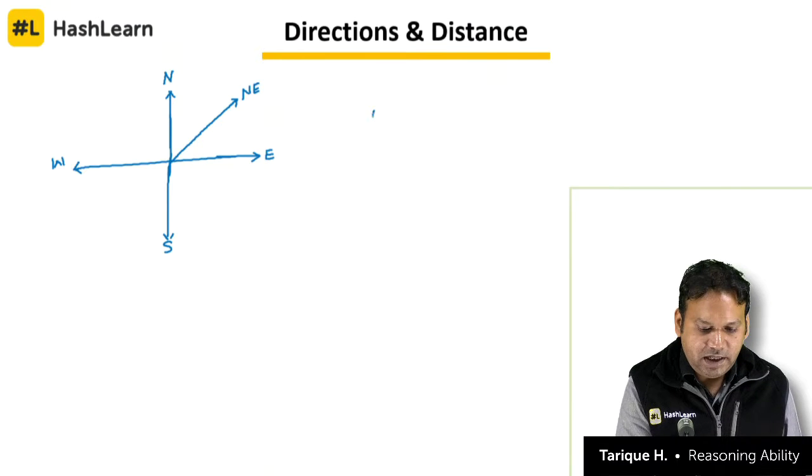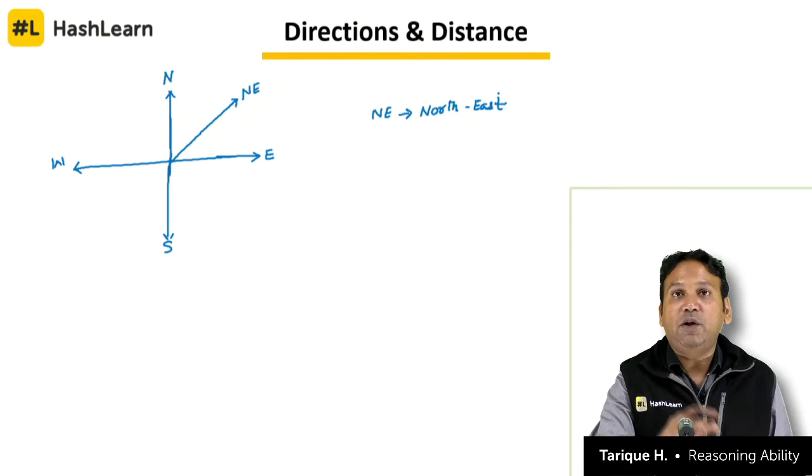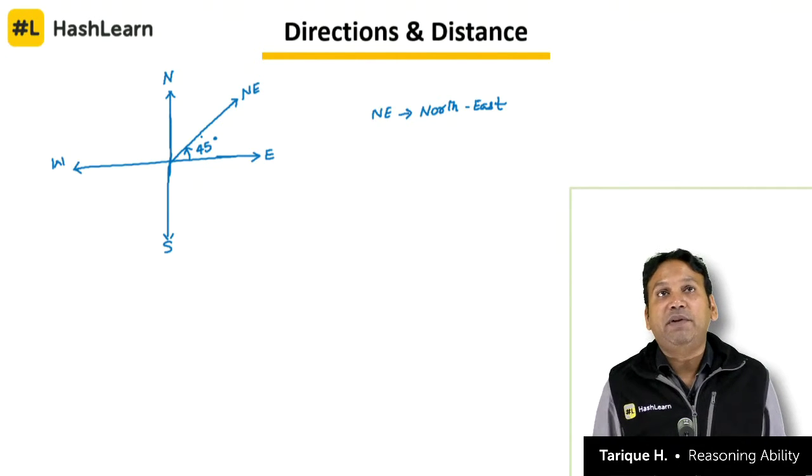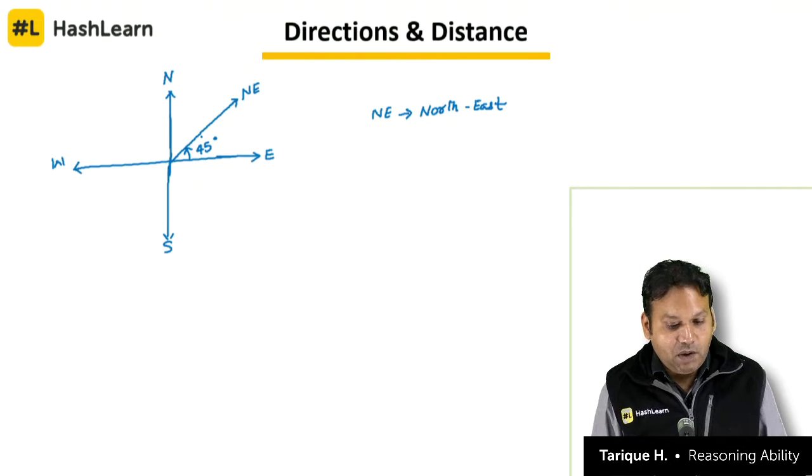NE is northeast. That means between north and east, ideally the angle is 45 degrees, correct. So initially the angle between the principal directions was 90 degrees, but now it is 45 degrees.